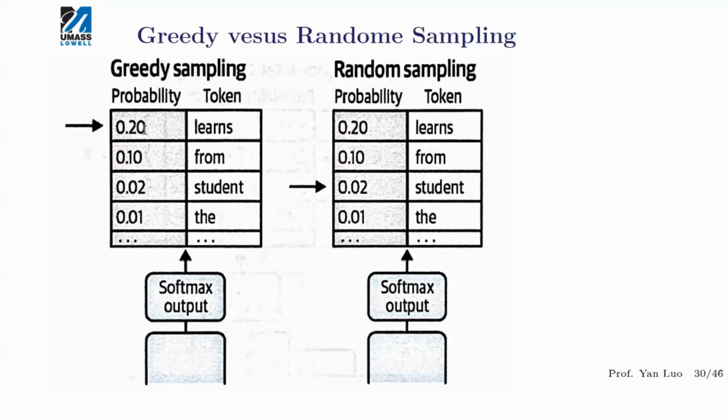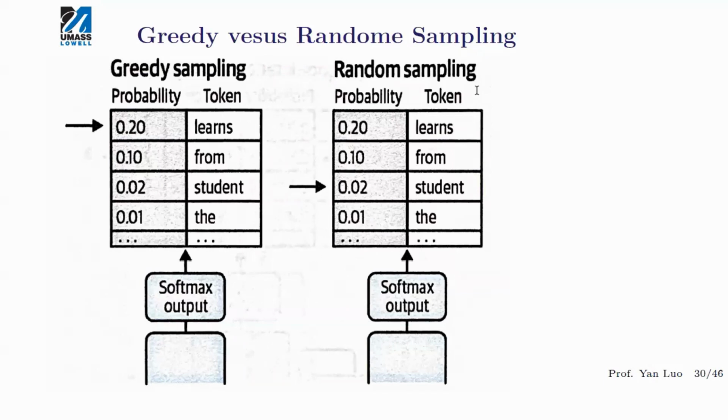And if we do so-called greedy sampling, that means we always generate the one with the highest probability at any step. And of course, you're going to take the highest probability.